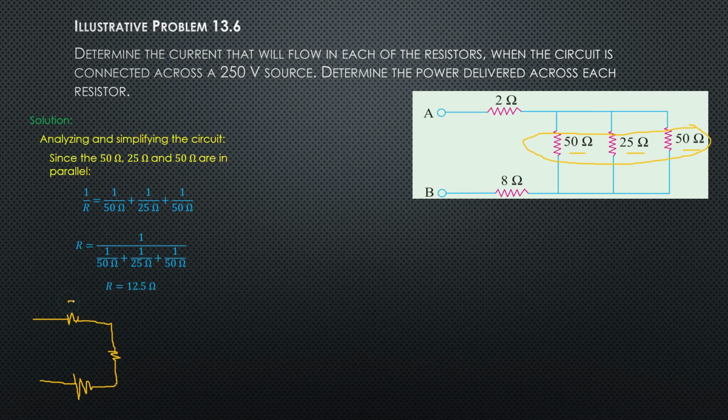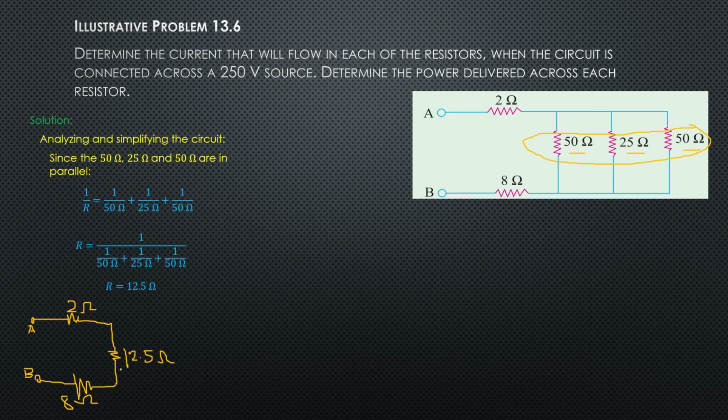Okay, so this is the 2 ohm resistor, and this will be the 12.5 ohms, and this is the 8 ohm resistor. And this is the source voltage of AB, which is equivalent to 250 volts.